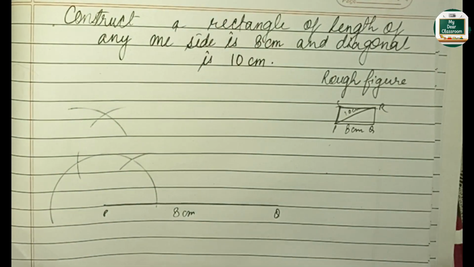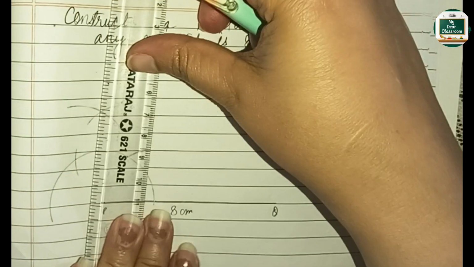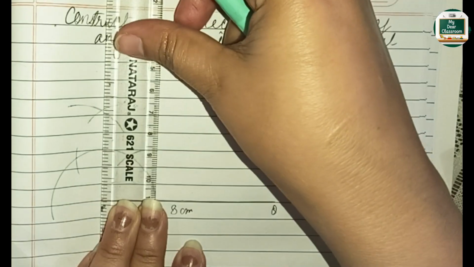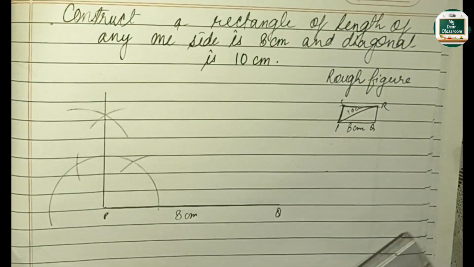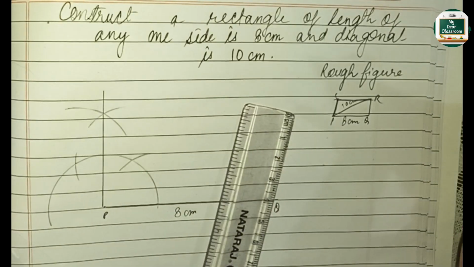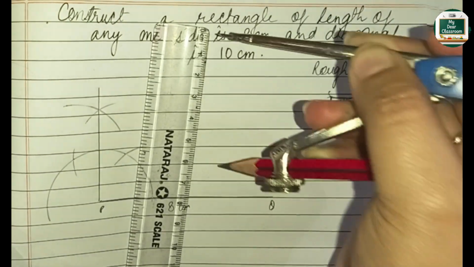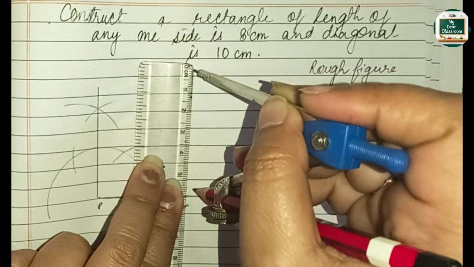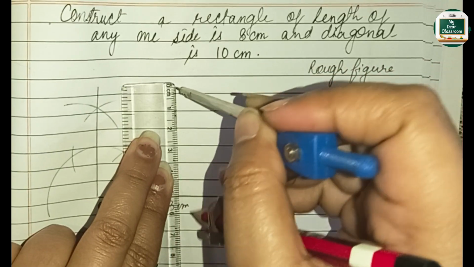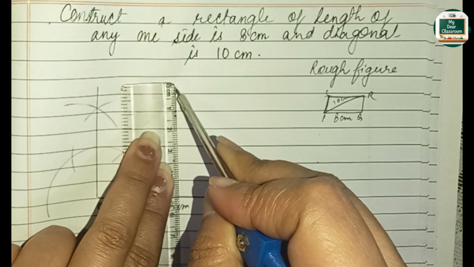Now I will be joining this perpendicular. Yes, now I will be taking 10 centimeter by using my ruler. Please hold your ruler properly. And yeah, I have adjusted my compass.